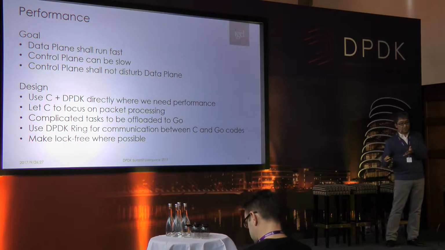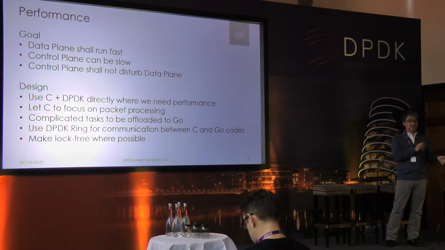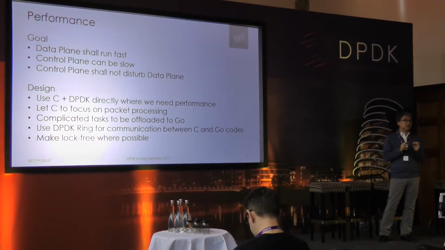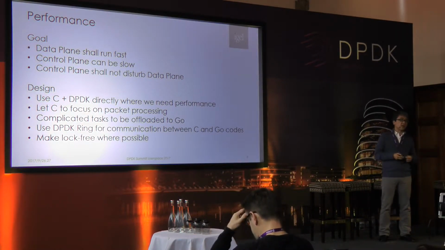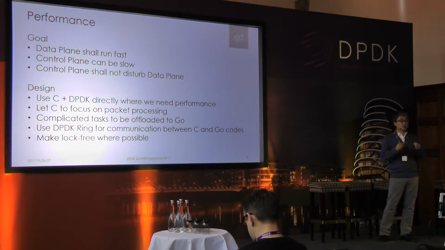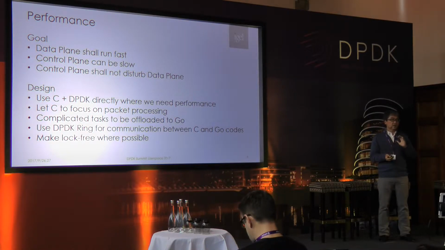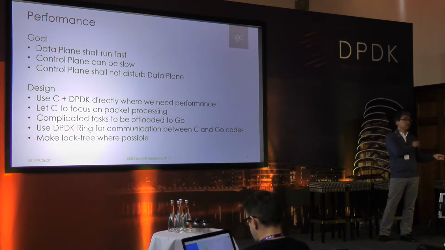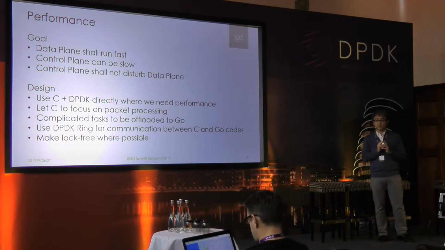So in the end, we decided to write in C plus DPDK only where we really need the performance, and the code must be as minimal as possible. The C part focuses on packet processing only. It doesn't have to worry about getting configurations from the server or responding to the CLI. And everything complicated, like MAC table management or routing, goes to the Go part.